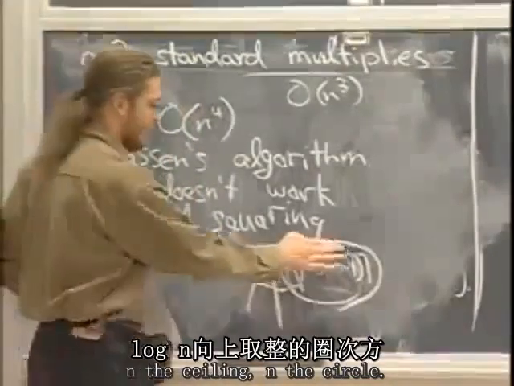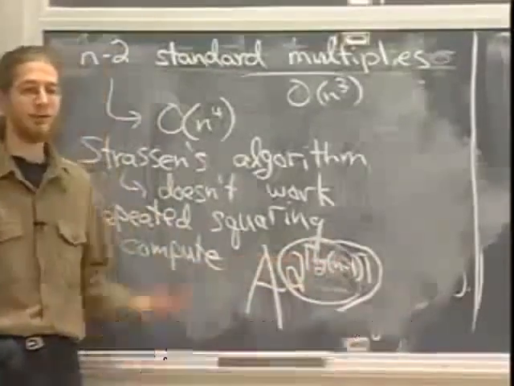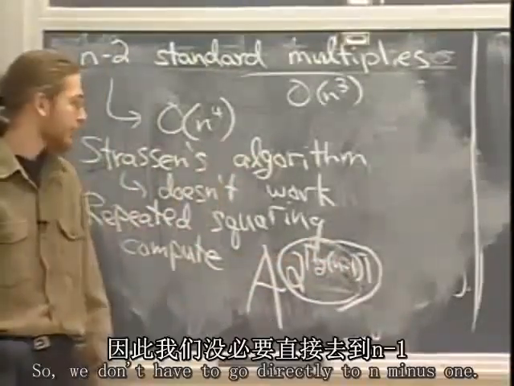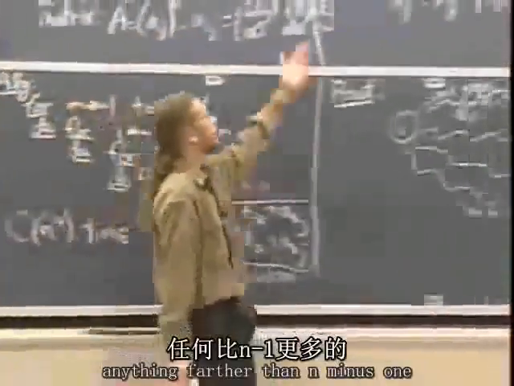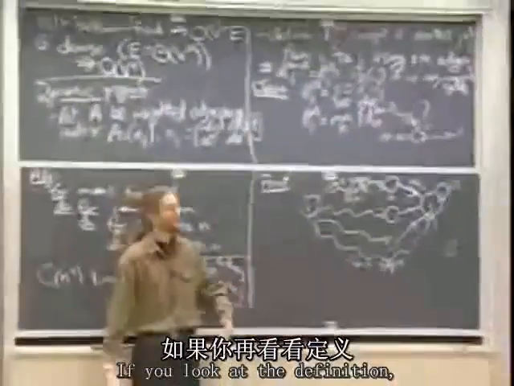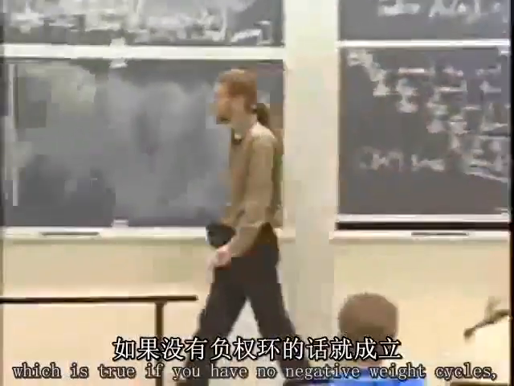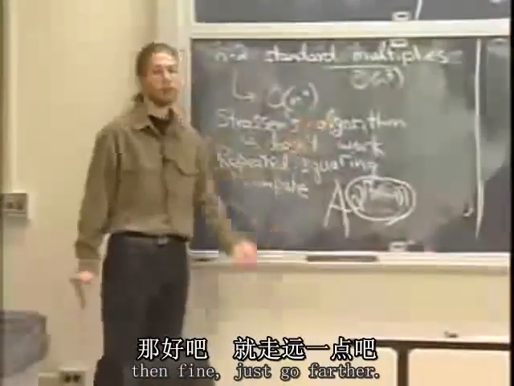This just means the next power of 2 after n minus 1, 2 to the ceiling of log. So we don't have to go directly to n minus 1. We can go further, because anything farther than n minus 1 is still just the shortest path weights. If you look at the definition and you know that your paths are simple, which is true if you have no negative weight cycles, then fine, just go farther. Why not?